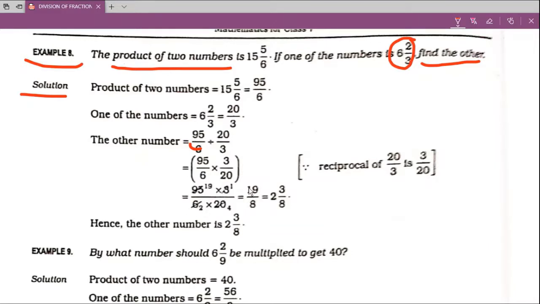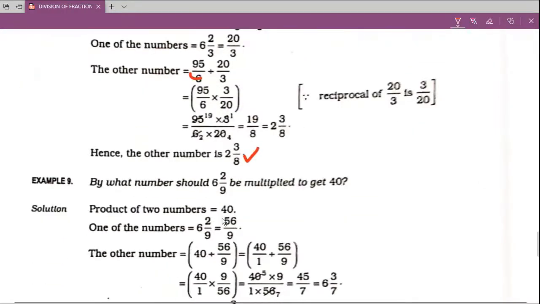So 19 into 1 is equal to 19 and 2 into 4 is equal to 8. 19 by 8 is an improper fraction. It will be changed into a mixed fraction. Hence the other number is 2 whole 3 by 8. This is the other number.